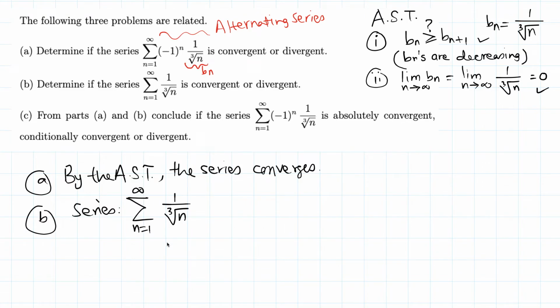If we look closely, this is the cube root of n, which is pretty much like n raised to 1/3. So this is a p series, right? I can rewrite it as 1 over n raised to 1/3. This is a p series with p equals 1/3.